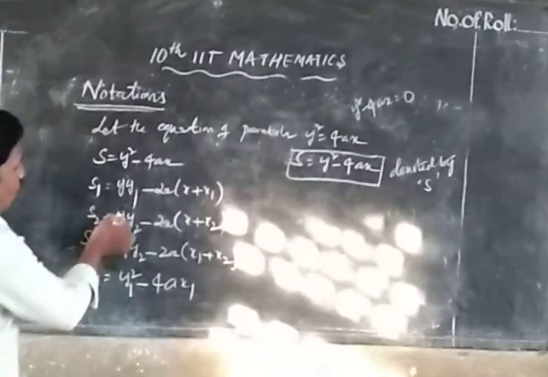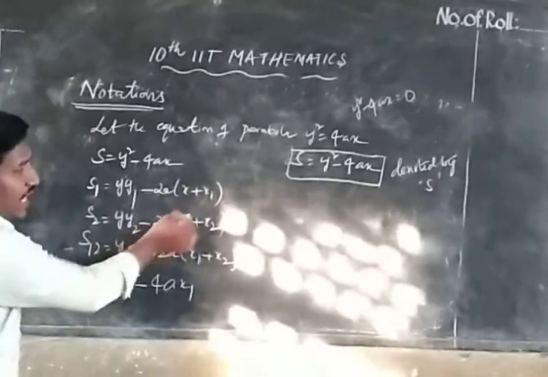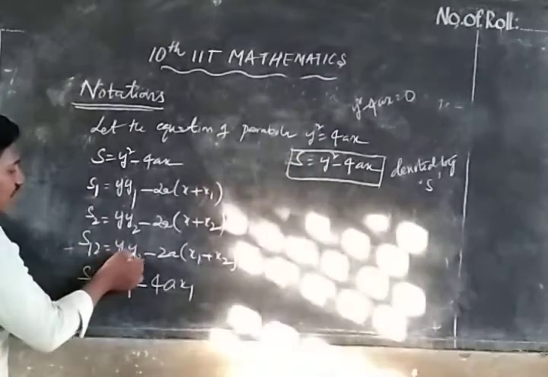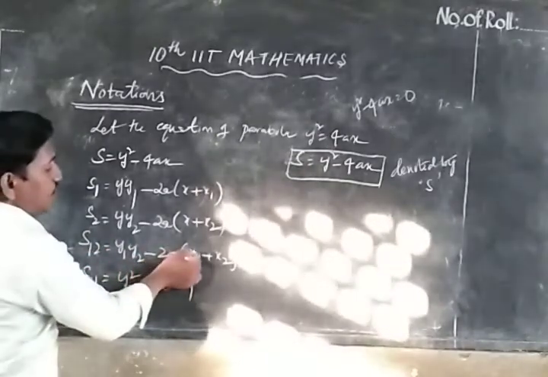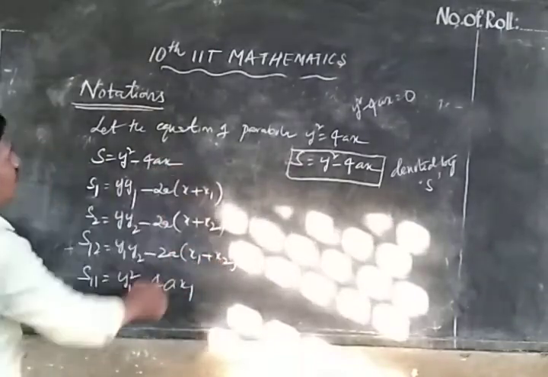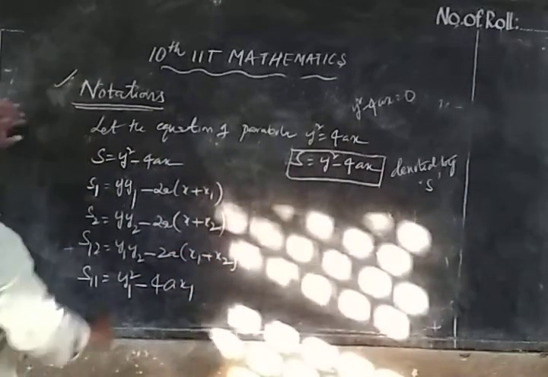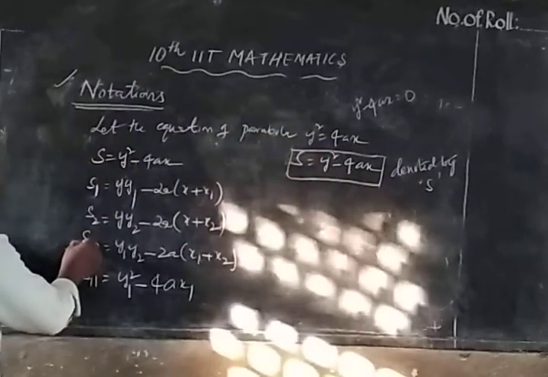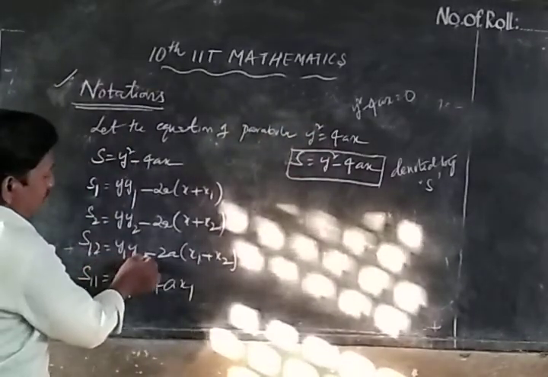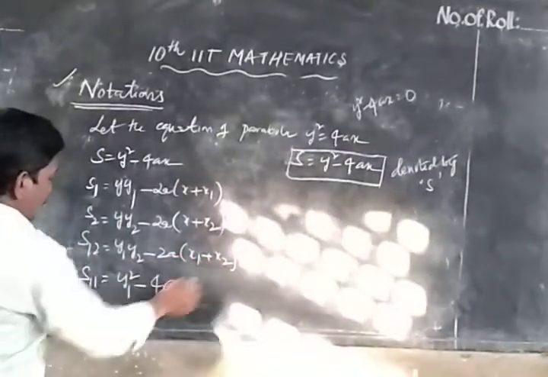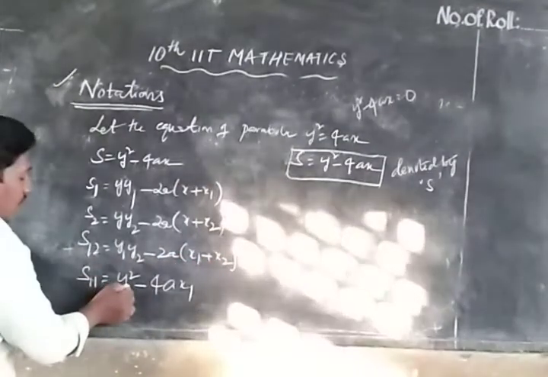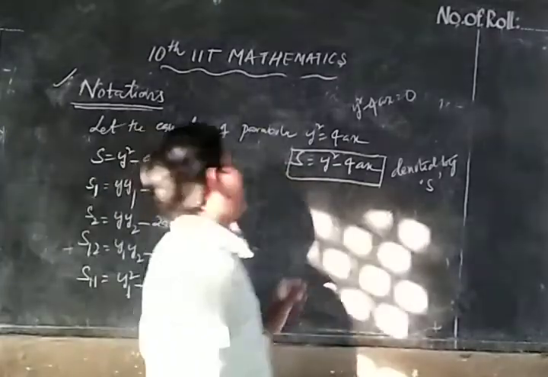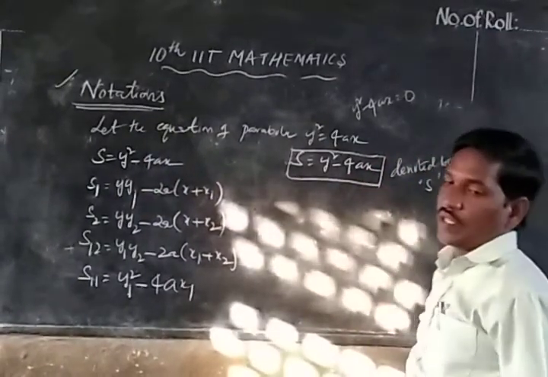S2 = y2 y - 2a(x + x2). S12 means y1y2 - 2a(x1 + x2). So all these notations are derived for the parabola y² = 4ax. S11 is equal to y1² - 4ax1. So these are the notations of the parabola y² = 4ax.